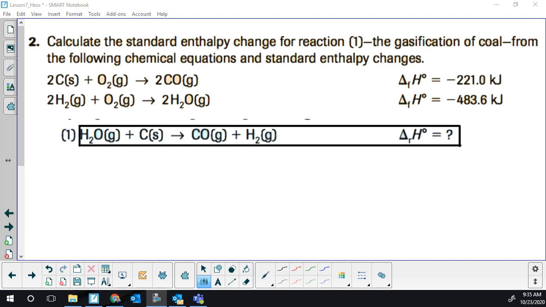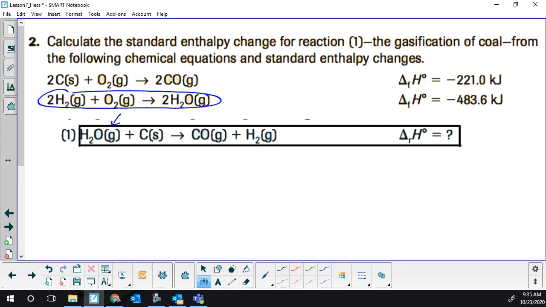So I always start, okay, you can take shortcuts, but I always teach it. If you want a nice systematic approach, start with the first reactant, which is water, gas. The states matter, so you could not grab liquid water. That could be a distractor equation that you would have to ignore. Okay, water, gas, that is in the second equation, but it's on the wrong side.